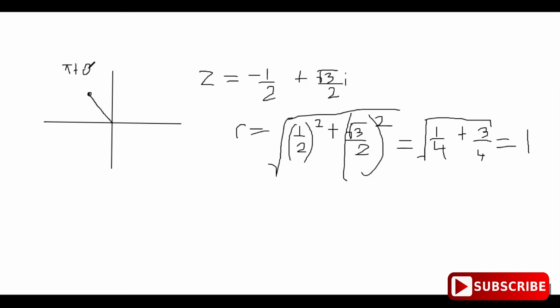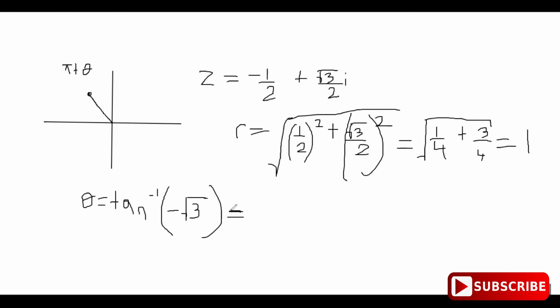And theta, or the arc, is going to be tan inverse of y over x, which is tan inverse of root 3 over 2 divided by minus 1/2. Dividing by this is like multiplying by -2, so it's minus root 3.